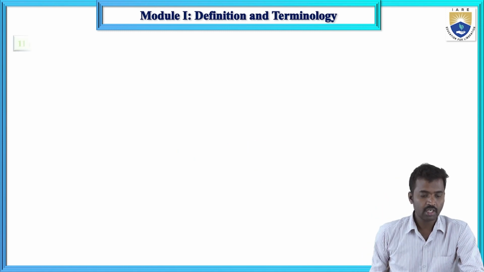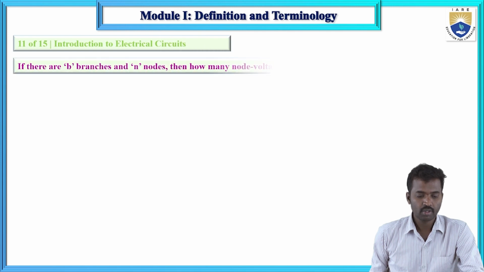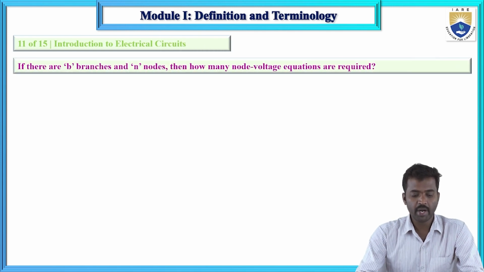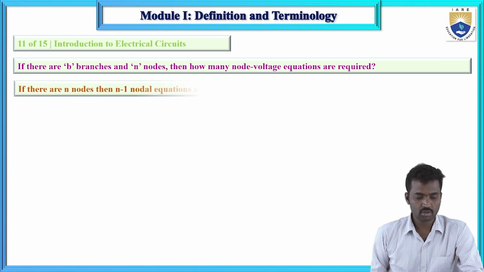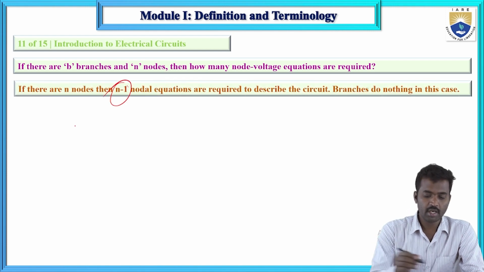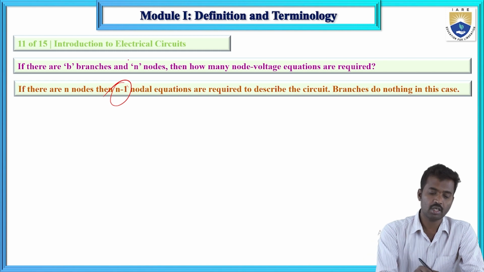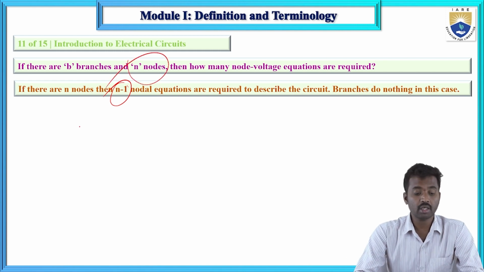Next, the 11th one. If there are B number of branches and N number of nodes, how many node voltage equations are there? That is N minus 1. That depends on the number of nodes only, not branches. N minus 1 nodal equations are required to describe the circuit.